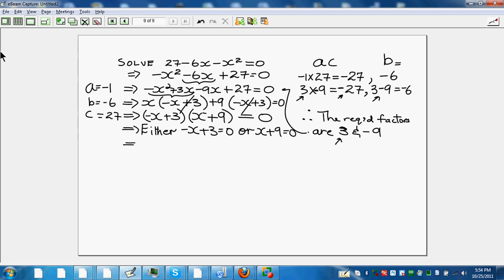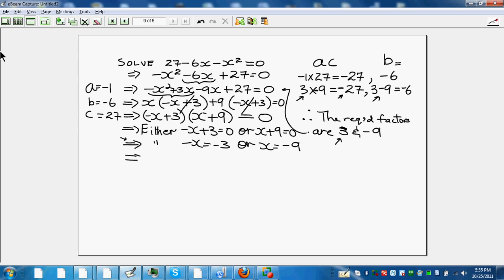So that would imply now that either minus x is equal to minus 3, or x is equal to minus 9. What I did here was minus 3 on both sides, and minus 9 on both sides. So that's how I got this line here, this line here.